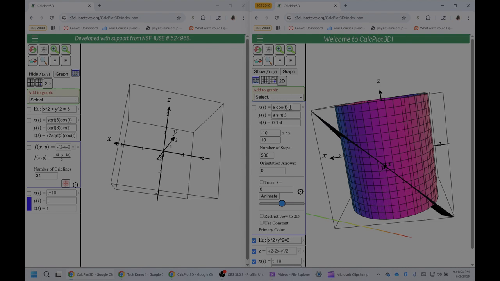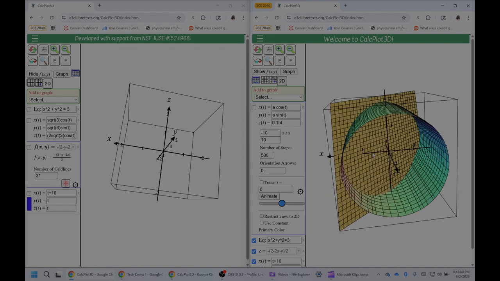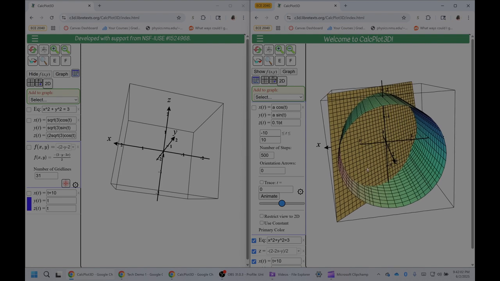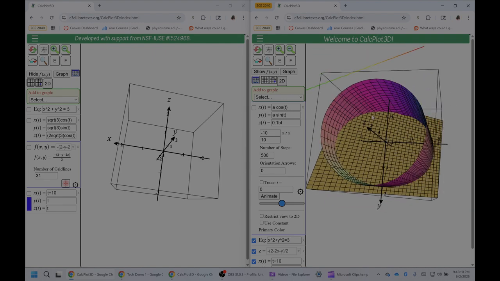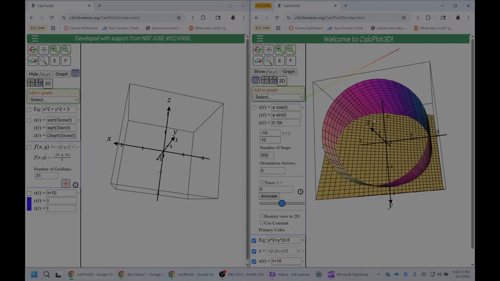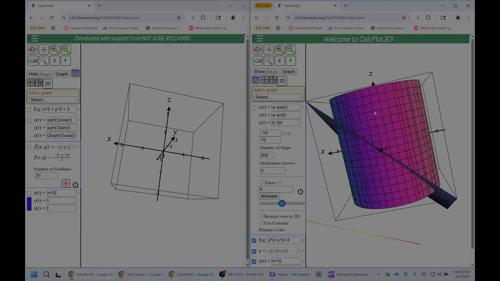So we have our cylinder and we know that the conic section, I don't know if that's the right word, but the intersection, the disk that we will get, is an ellipse. It's an elliptical disk of intersection between this plane and the cylinder.